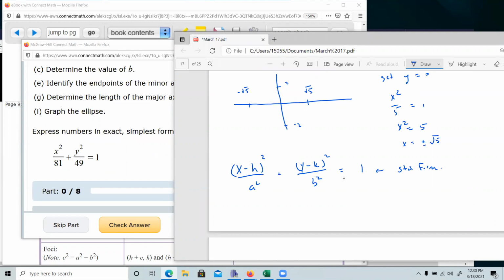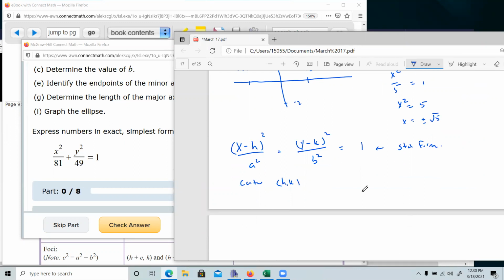All right. So my center is (h, k). I think by and large, most of the time your centers are going to be (0, 0), because even if it isn't, you're going to draw your coordinate system so that the center is (0, 0).